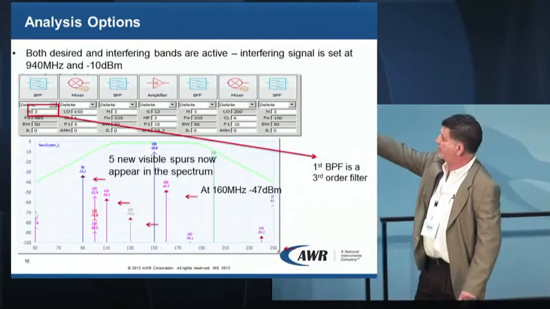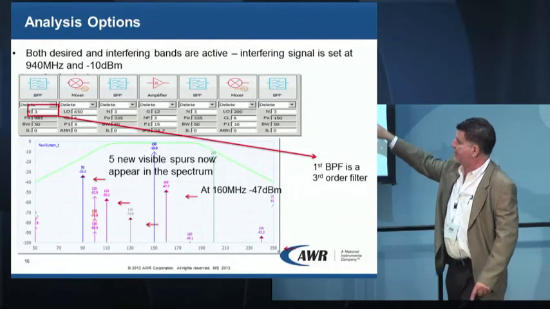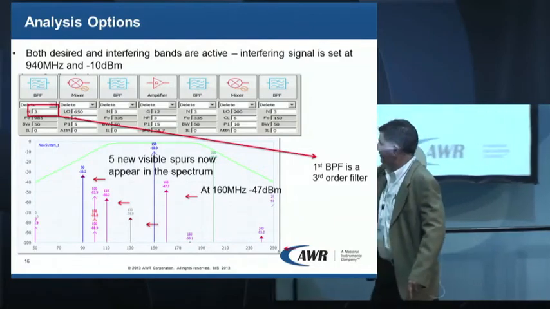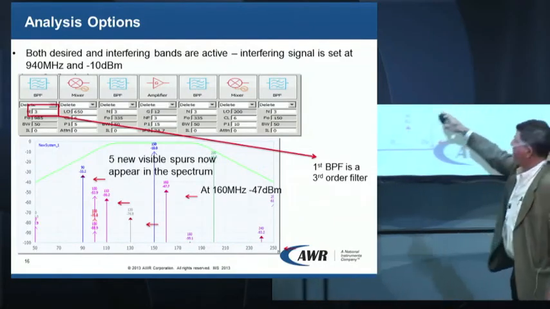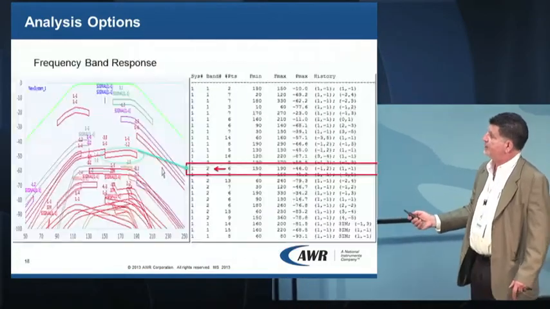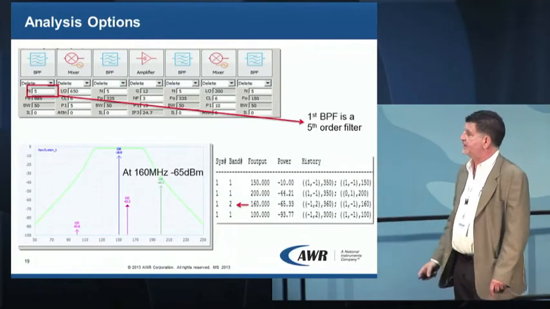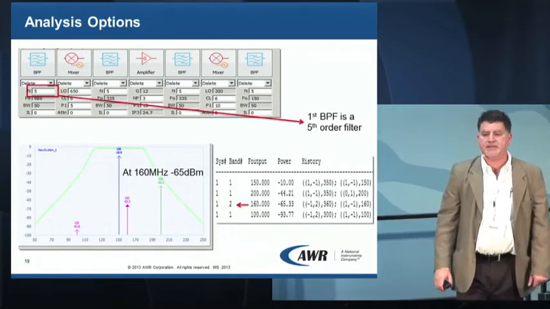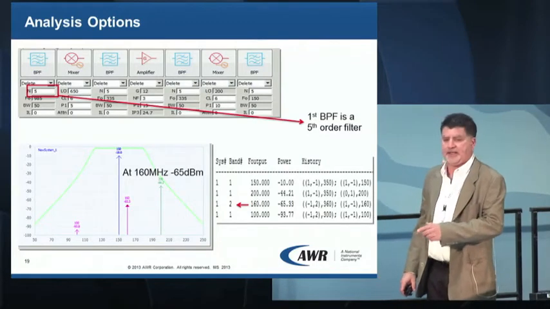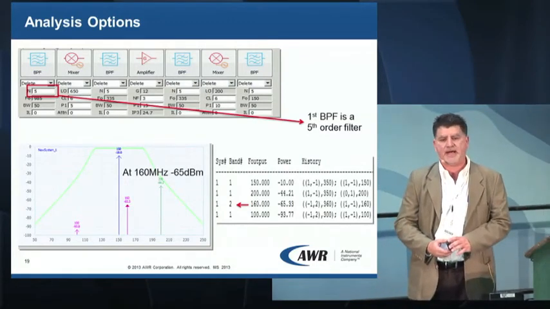Yeah, a third order filter, and the 160 megahertz signal that was generated as a result of having an interfering band was minus 47 dBm. I adjusted the order of the very first filter, and I can see I reduced that 160 megahertz threat to minus 65 dBm, and I got rid of 4 of those intermodulation products that were resulting from the threat band.